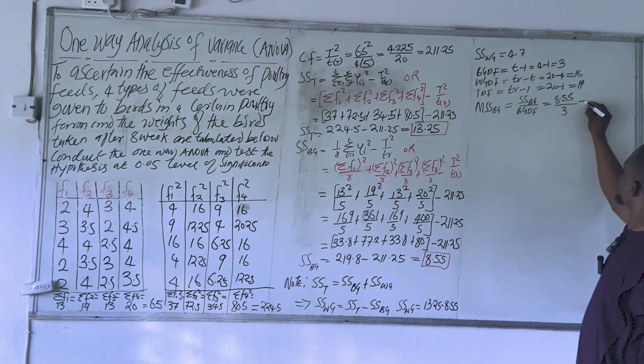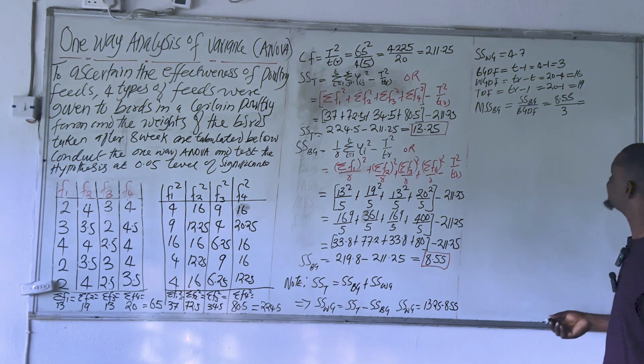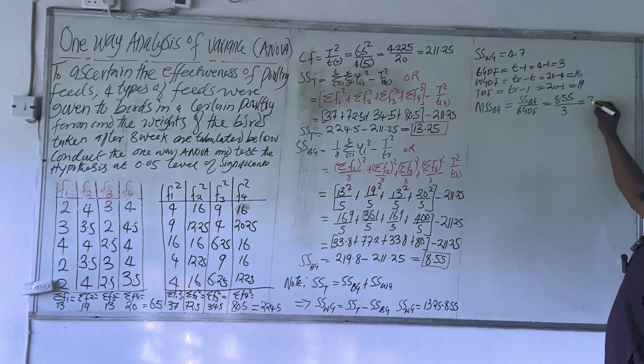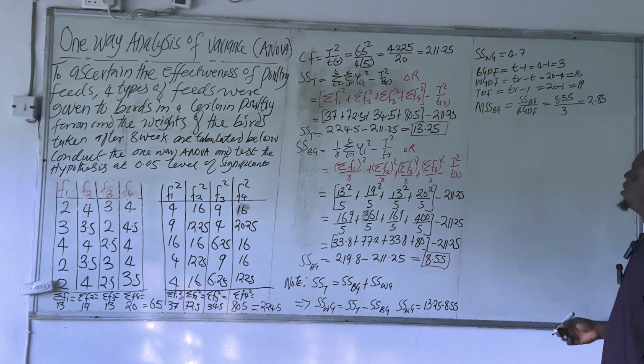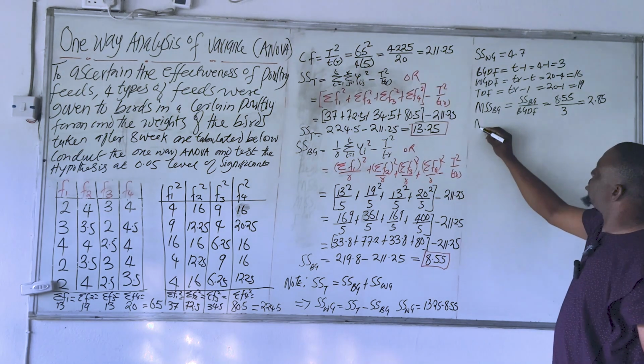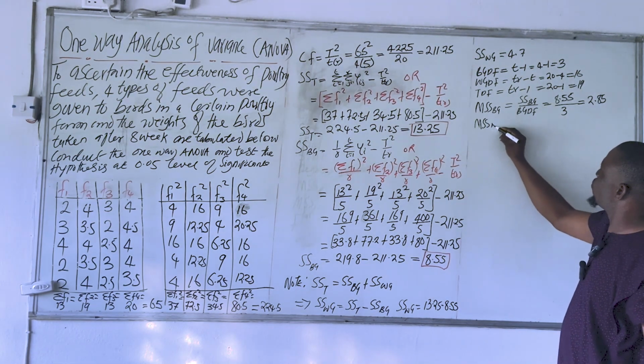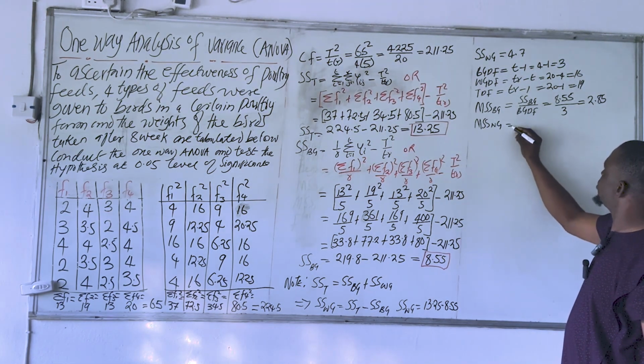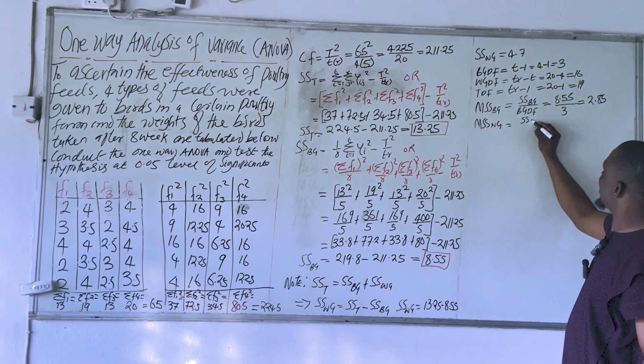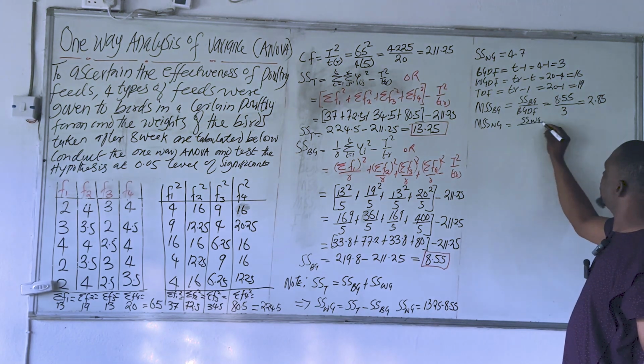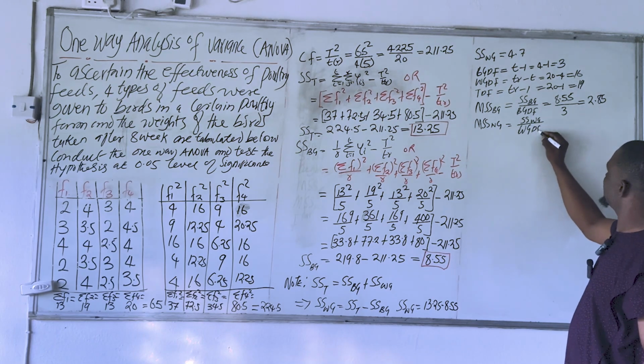So 8.55 divided by 3 is equal to what? 2.85. Okay, so the next thing is mean sum of square within group, which will be equal to sum of square within group all over within group degree of freedom.